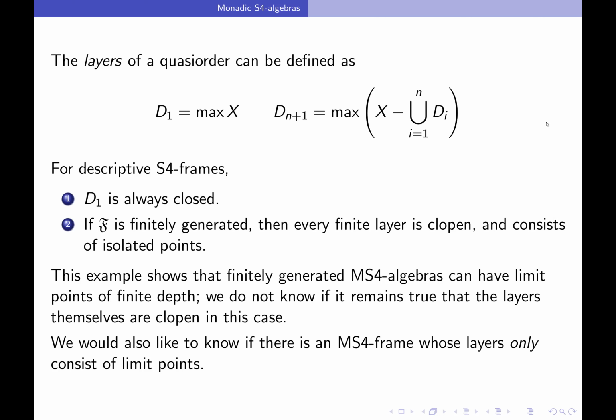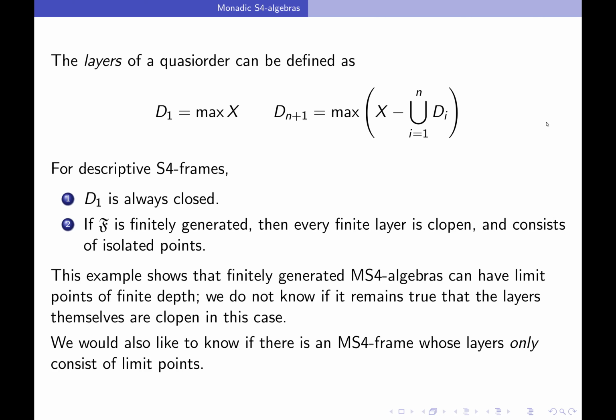You only have non-isolated points in infinite depth. So what the last example shows is that already the situation is more complicated here, because we just saw a descriptive MS4 frame of depth 1. So it only has a maximum layer. But that layer already contained limit points.